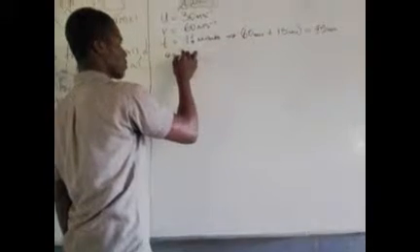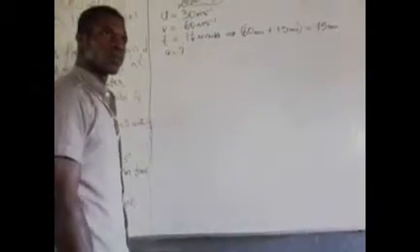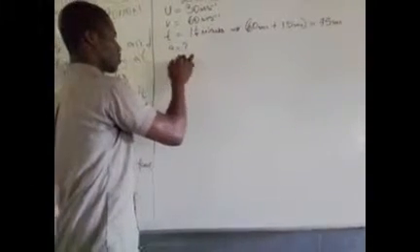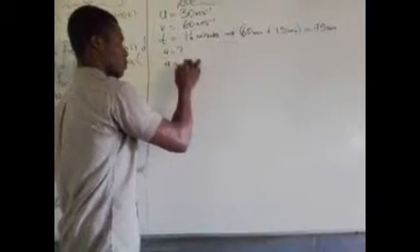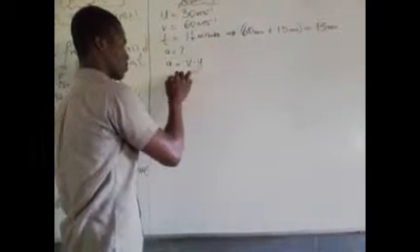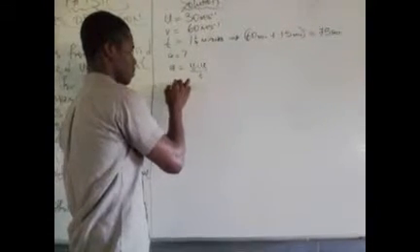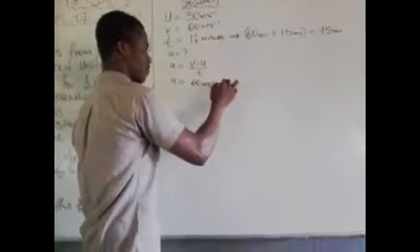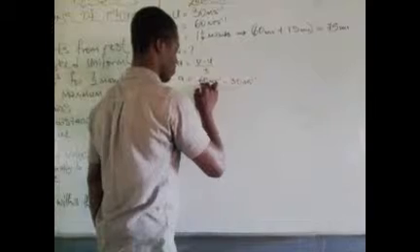So the formula that will connect this is our original equation, a equal to v minus u all over t. That gives us a equal to 60 meters per second minus 30 meters per second all over 75 seconds.